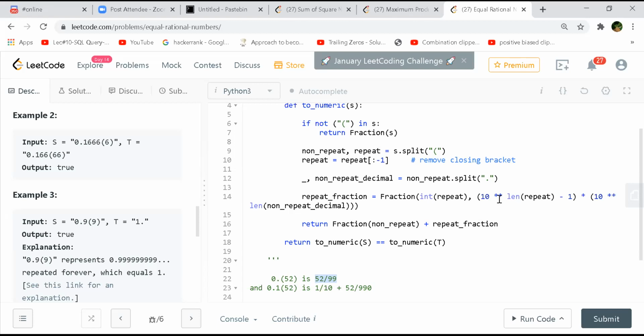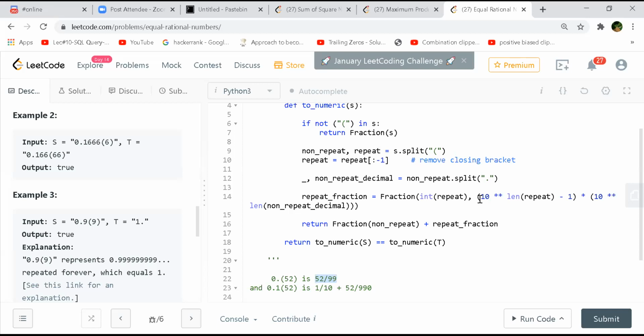That is the way you do such divisions, because it is after some decimal places. Whatever the number of digits you get prior to the repeating part, that many powers of 10 you have to subtract from the denominator of whatever you get for 52.